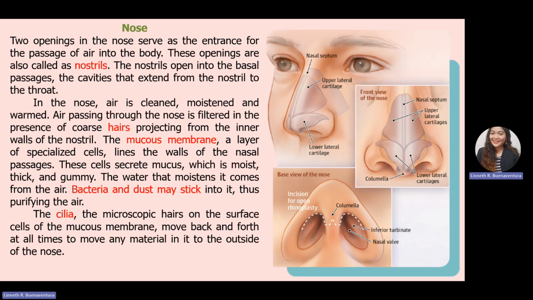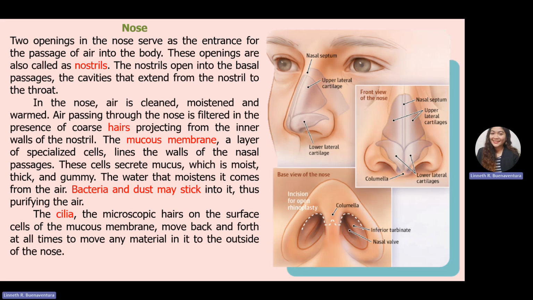There is also a mucous membrane, a layer of specialized cells lined on the nasal passage. These cells secrete mucus, which is moist, thick, and gummy. The water that moistens it comes from the air. Therefore, bacteria and dust may stick to it.